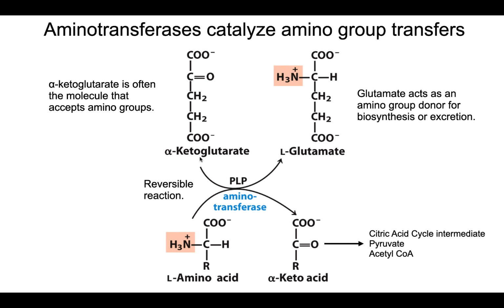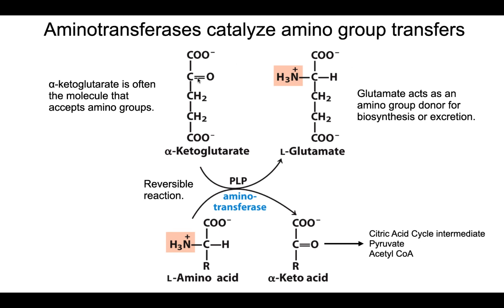Alpha-ketoglutarate is the common middleman for excreting amino groups. It's the first acceptor of amino groups from amino acids from dietary or muscle proteins. The way these aminotransferases work is they always convert a carbonyl to an amino group, so they get rid of this carbonyl.